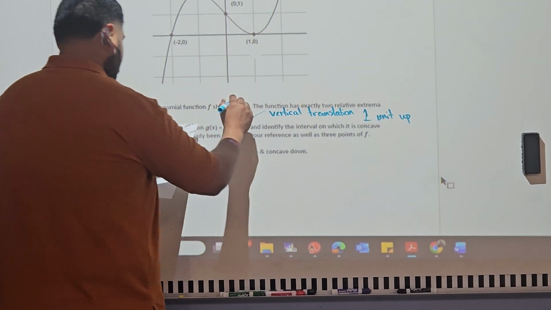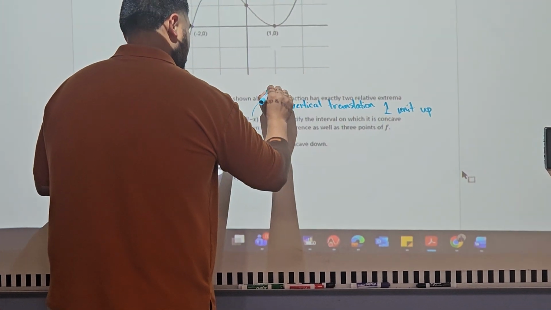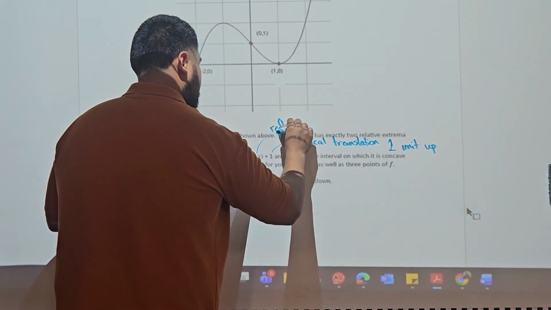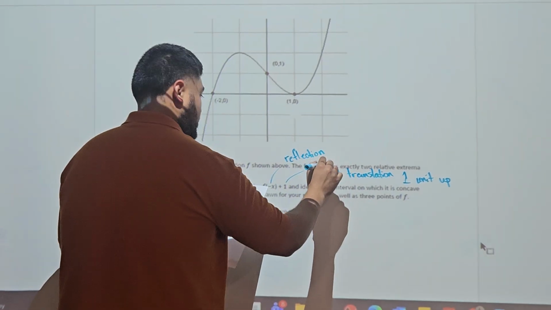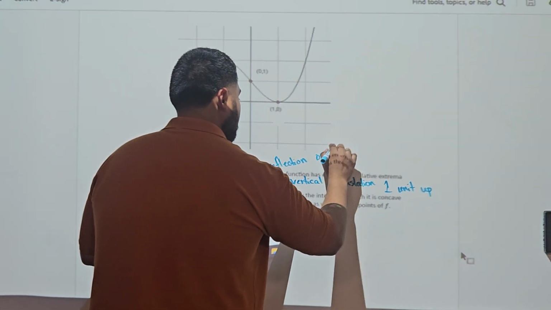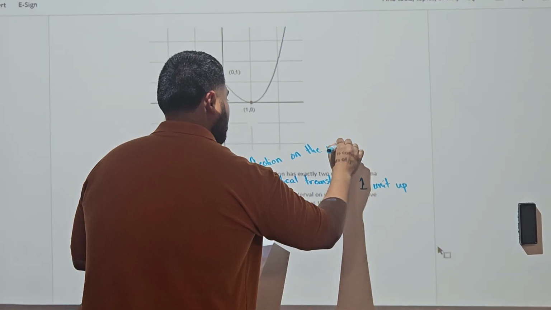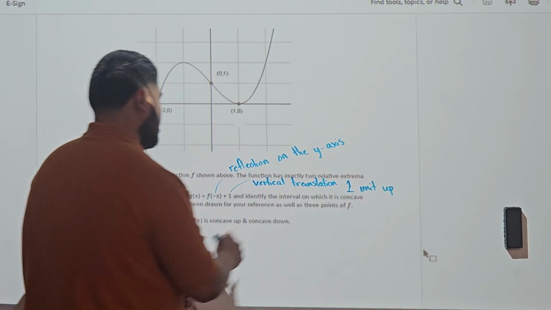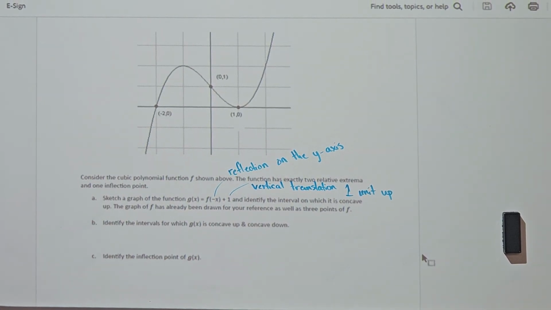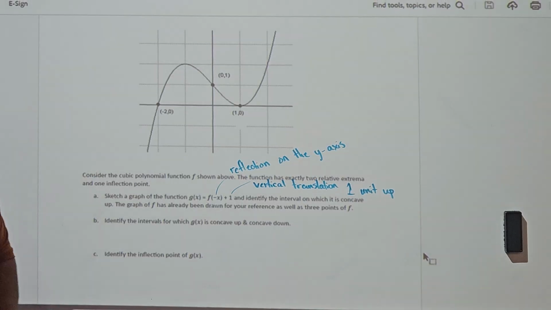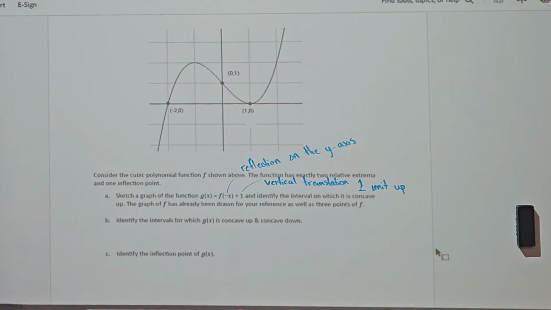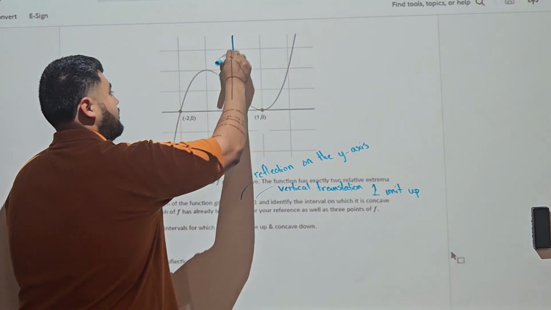So inside here we have a reflection on the y-axis, because the negative's inside the parentheses. So where's my y-axis? Right here.